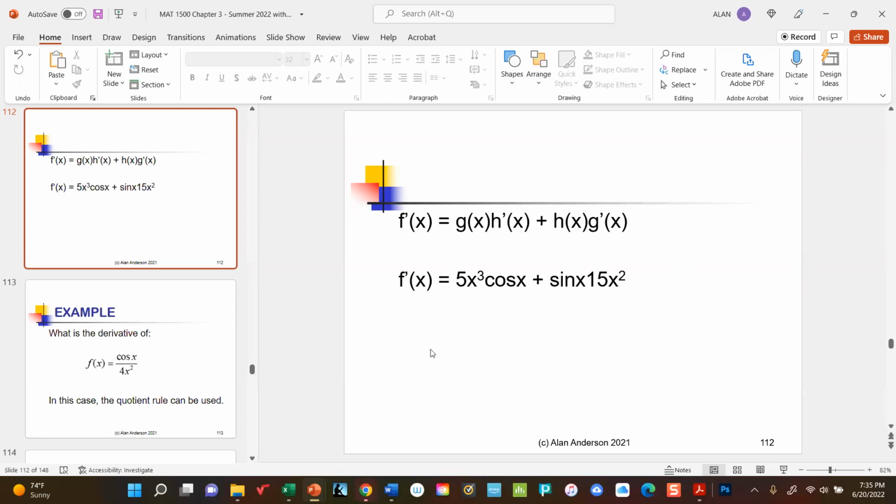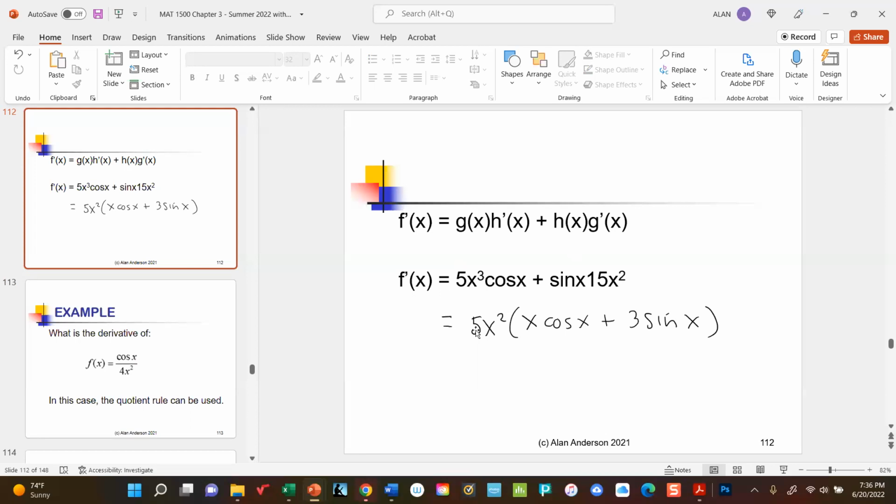If you really just like to simplify things, you notice, for example, you could factor out 5x squared, something like that. I don't see the point, but yeah, you could do that.